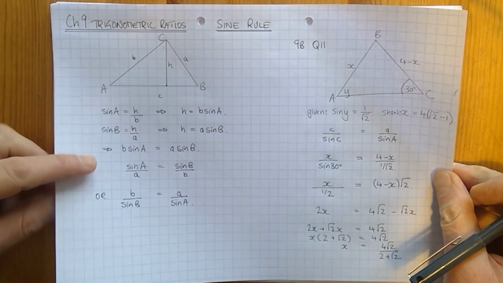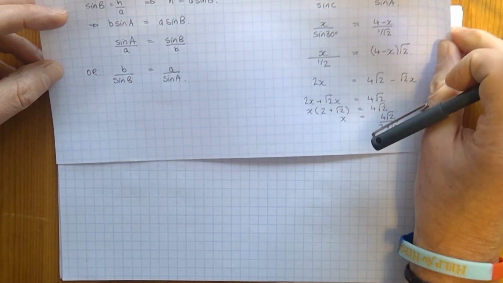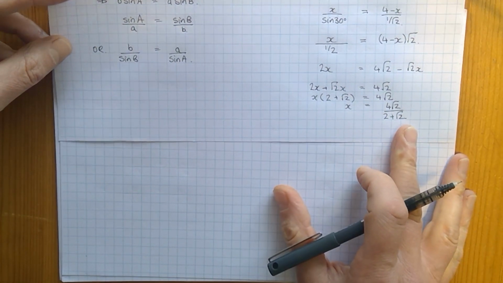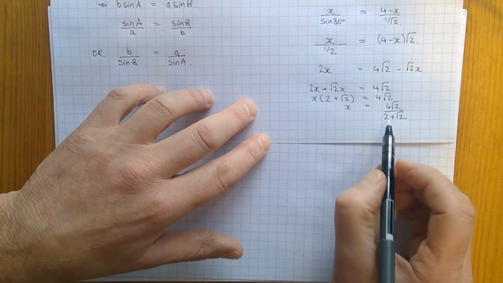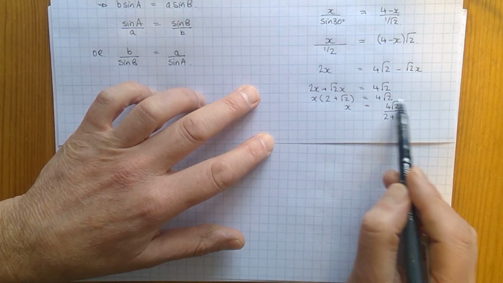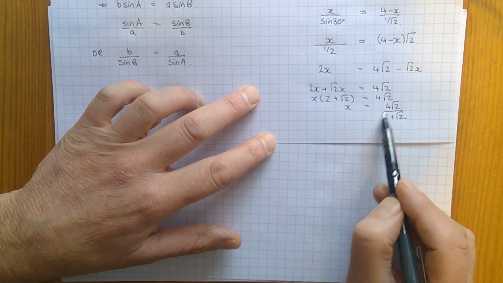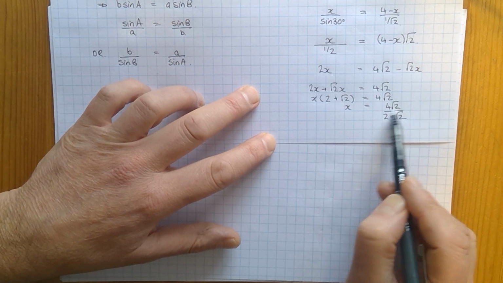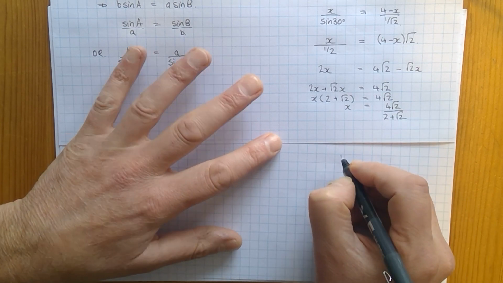I'm going to slide this up a little bit now as I'm running out of space. This is not the form they wanted, so I'm going to rationalize the denominator.